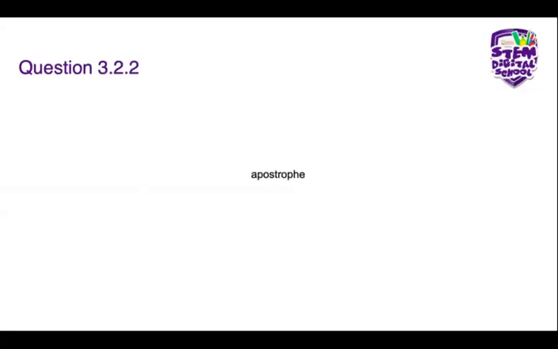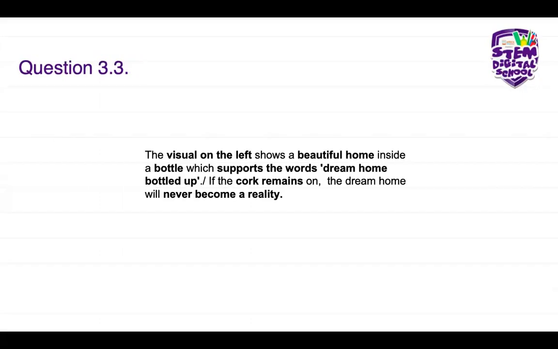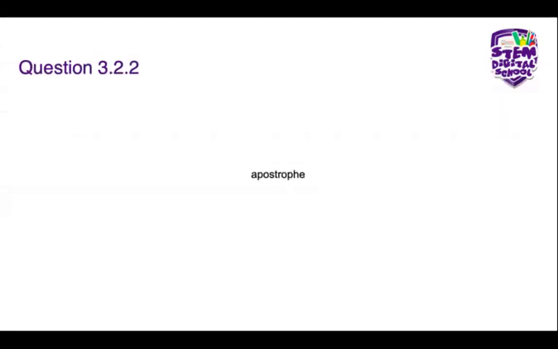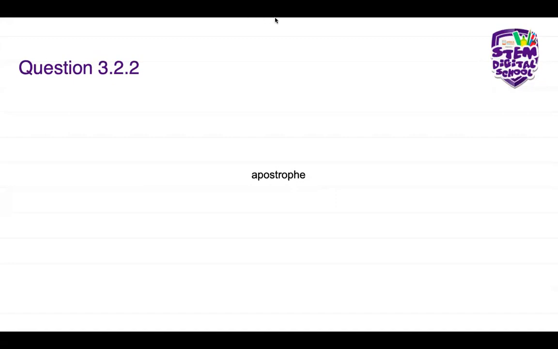Number 3.4, state 2 ways in which the reader will be able to get more information about Micah. There you go. 3.3 says, how does the advertiser use the visual on the left to support the headline? Look at this visual on the left. Remember the visual on the left that I was just explaining? Let me show you guys once again.